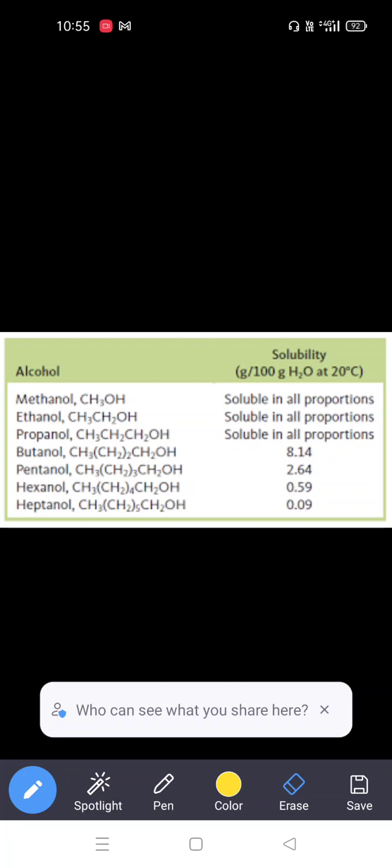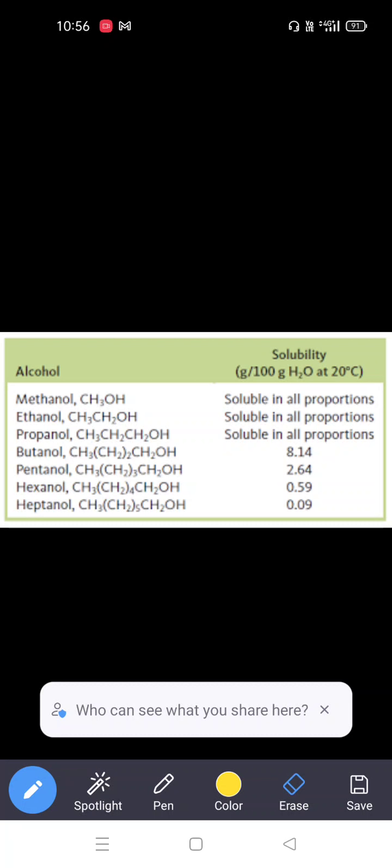And hexanol is very difficult, 0.59 grams, because hexanol has 6 carbons. Heptanol has 7 carbons, and 0.09 grams are soluble in 100 grams of water at 20 degrees temperature. This is about the solubility.